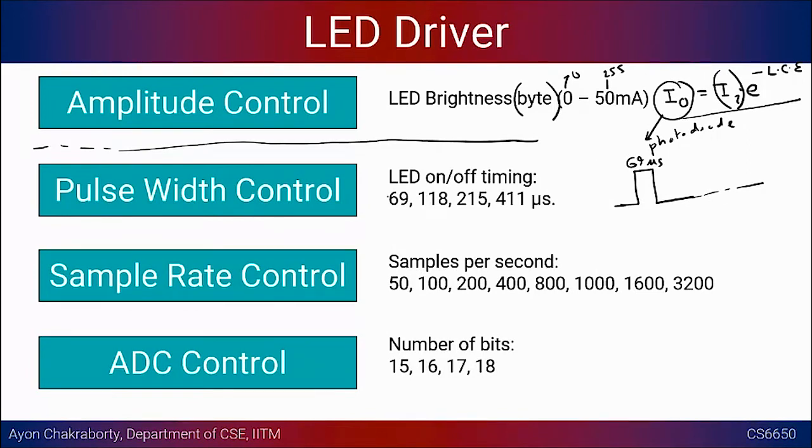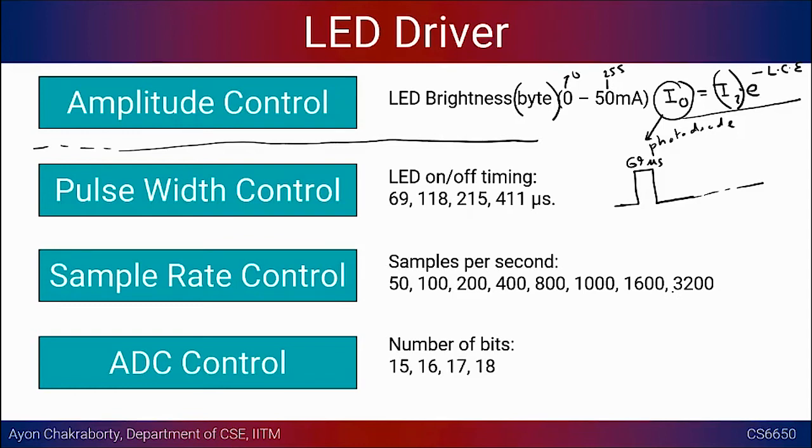Another related thing is that, instead of carefully choosing some kind of pulse width control, you can directly mention how many samples per second you need. This can be from 50 samples per second to as high as 3,200 samples per second.